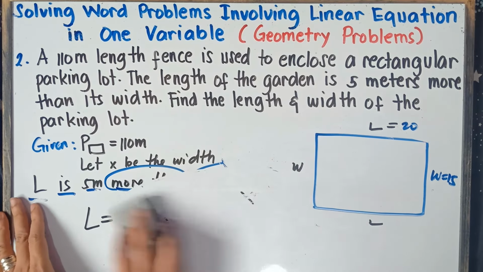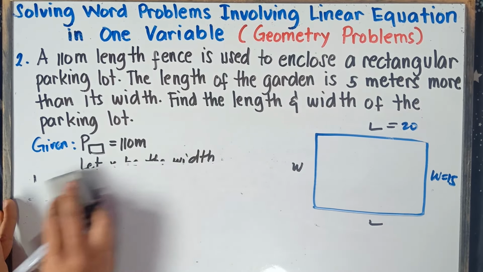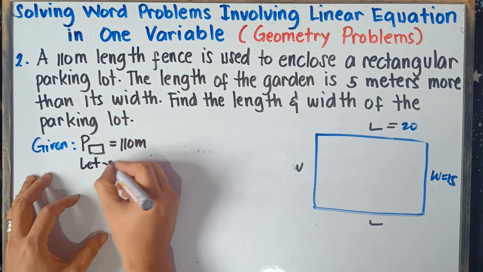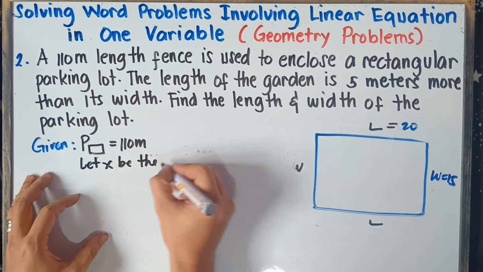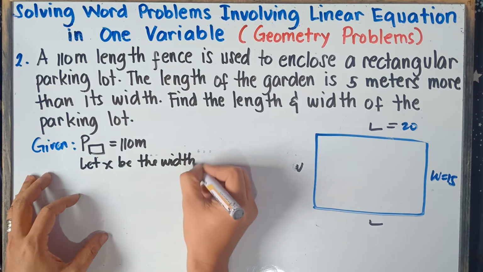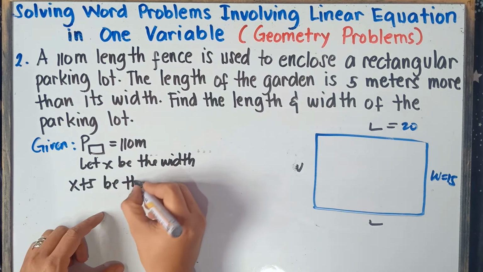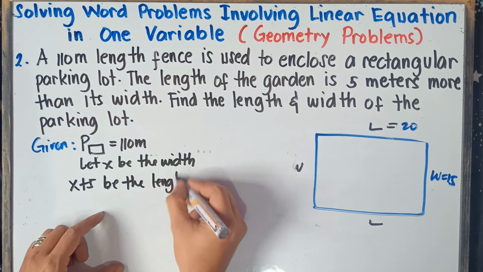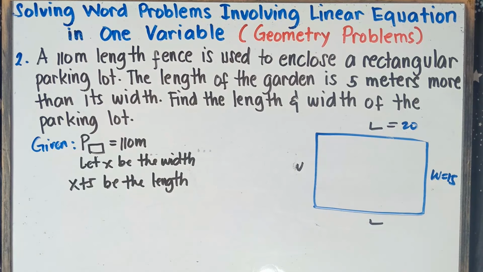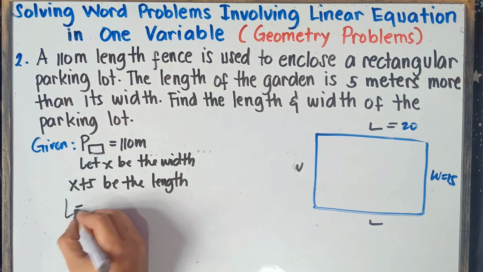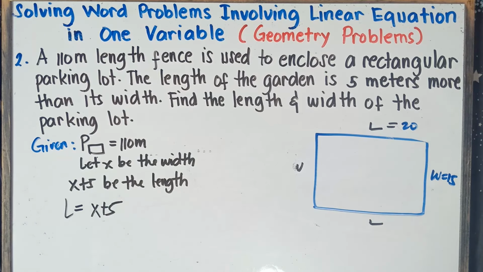So therefore we can say, once again, let x be the width, and then x plus 5 be the length. So once again, class, let x be the width, and x plus 5 be the length.